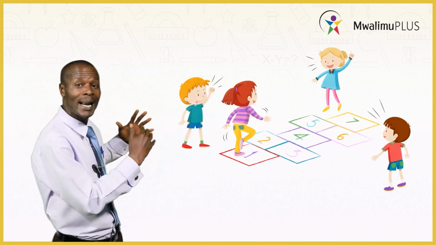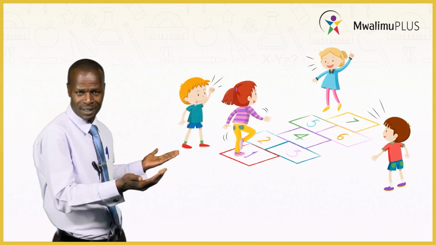Now, I just want to take you back a little bit to what you already understand. When I was young, like you, I used to play so many games. One of the games that I remember very well is where we drew some squares on a dusty ground.